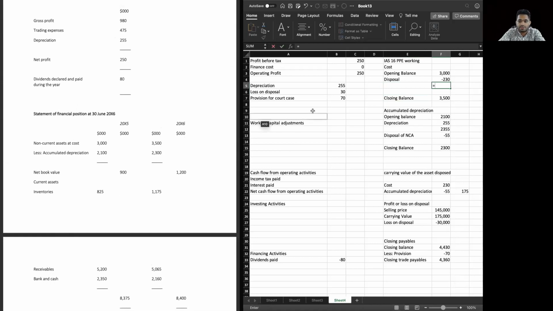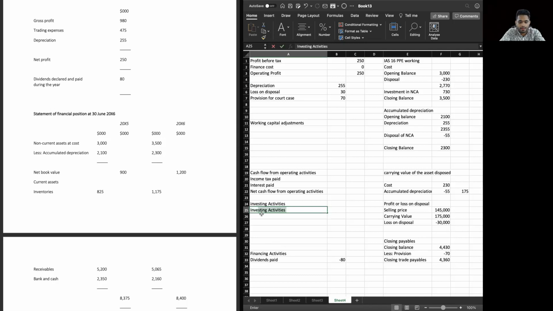Now, after this disposal, the balance of my assets has to be 2,770. So the difference between this is going to be my investment in non-current asset. So 3,500 minus 2,770, 730 is going to be my investment in the non-current assets.